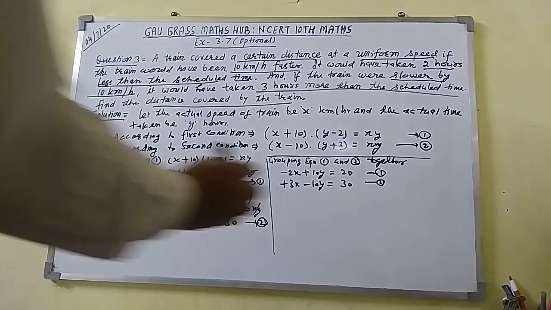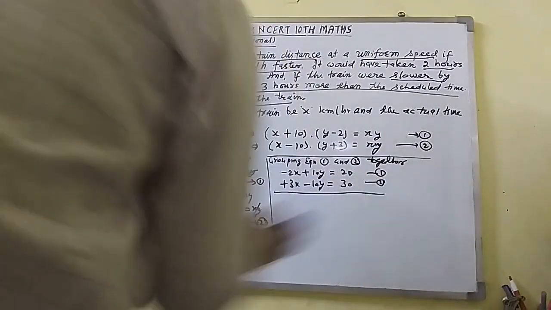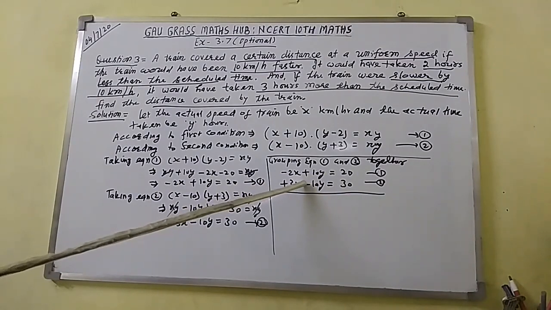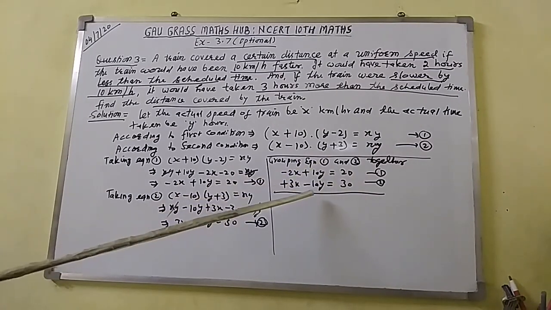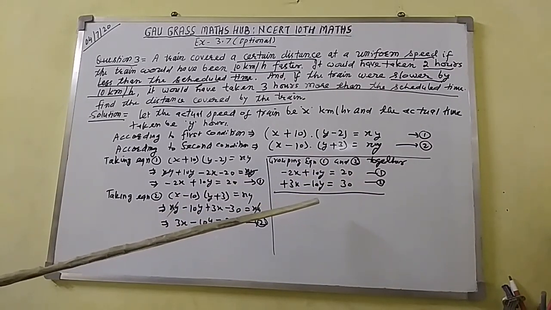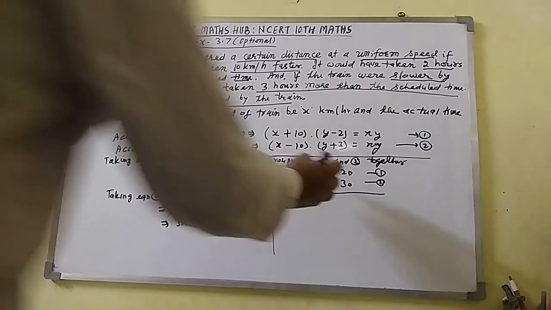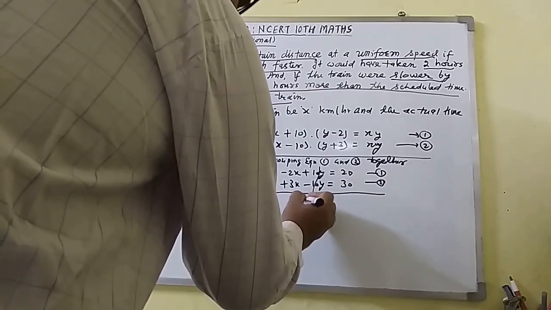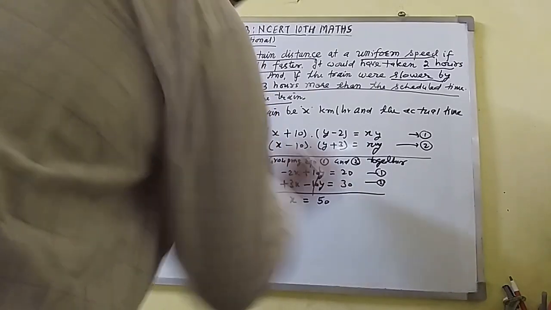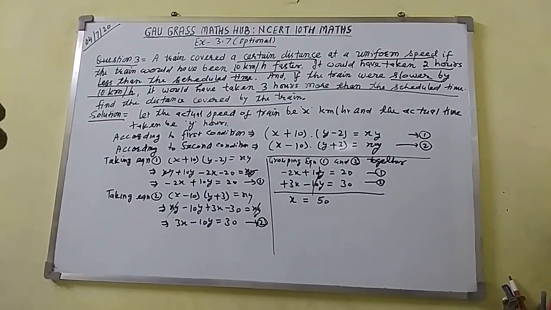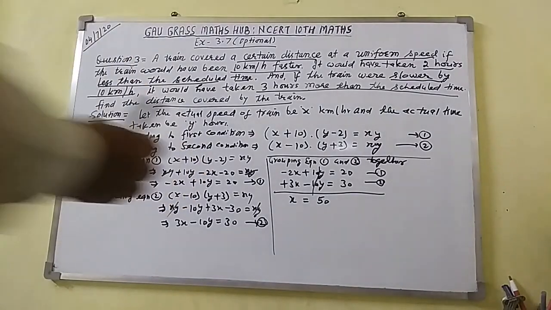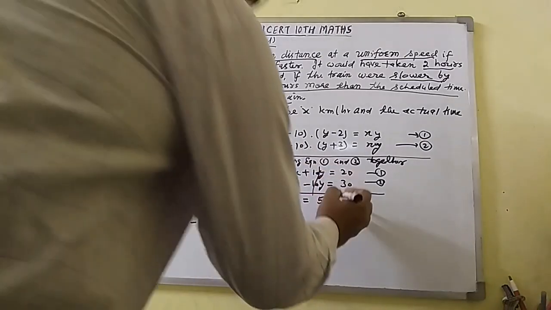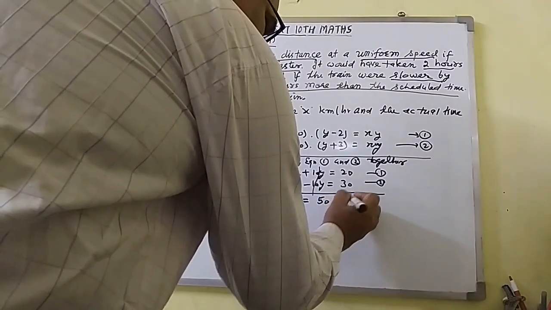Now just simplify both the equations. Here you can see plus 10y and here you can see minus 10y. If you add, the terms related to y will be cancelled out. So here you will get only x equal to 50. What is x? Here you can see the actual speed of the train is x km per hour. The x will be in km per hour.